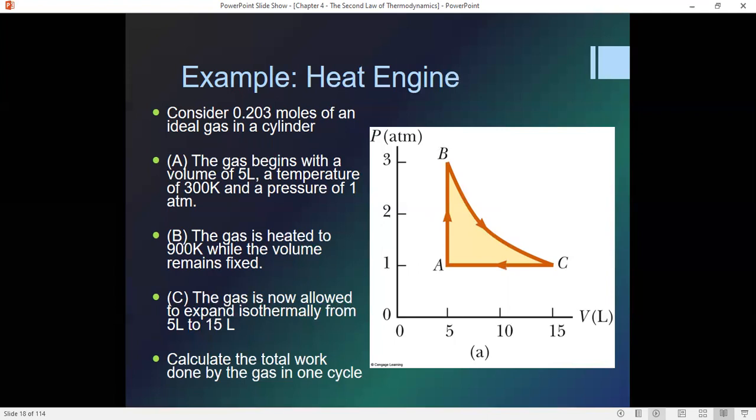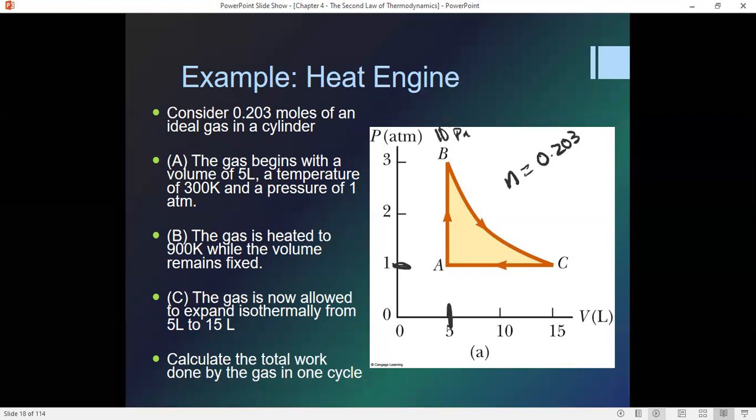The gas begins, by the way, number of moles, 0.203 moles. The gas begins with a volume of 5 liters and a temperature of 300 degrees Kelvin, pressure of 1 atmosphere, and that's 10 to the 5th pascals, by the way.